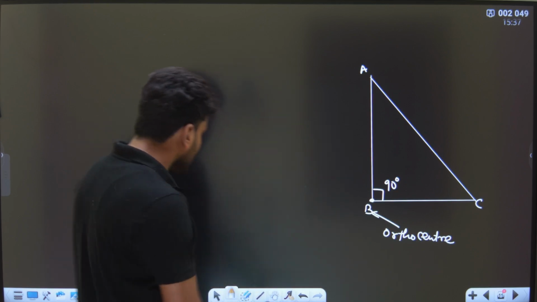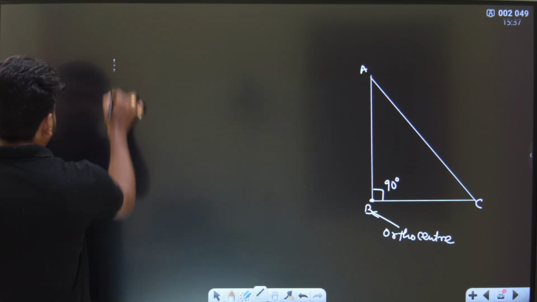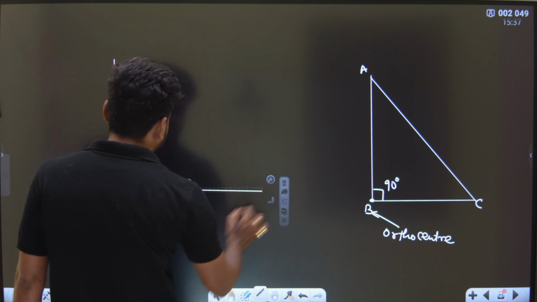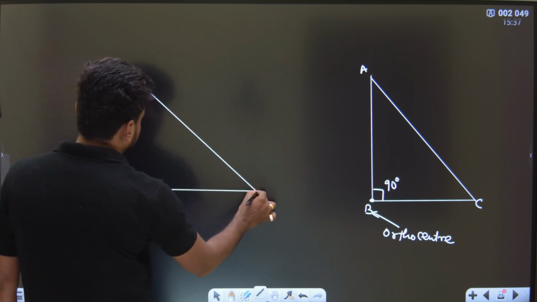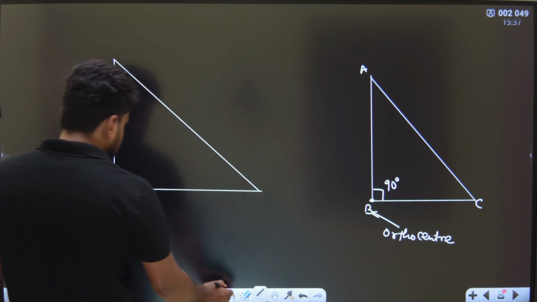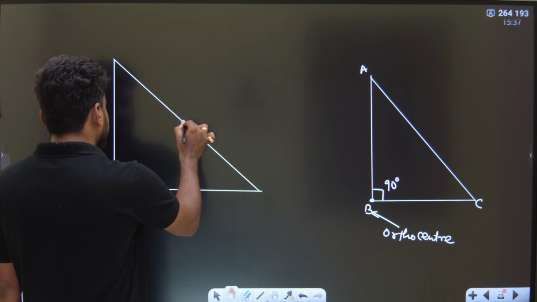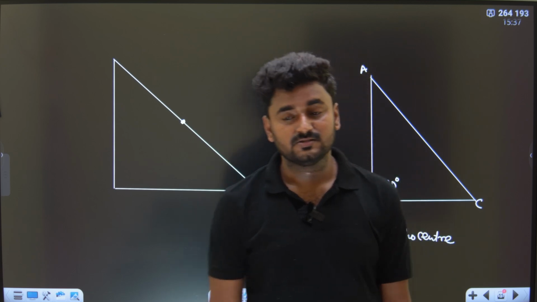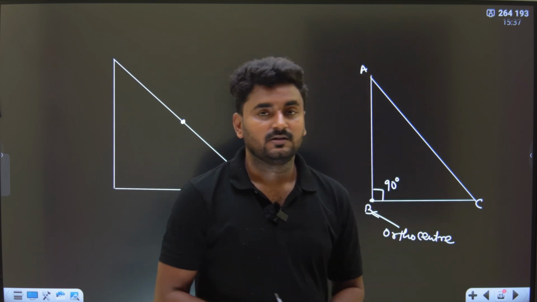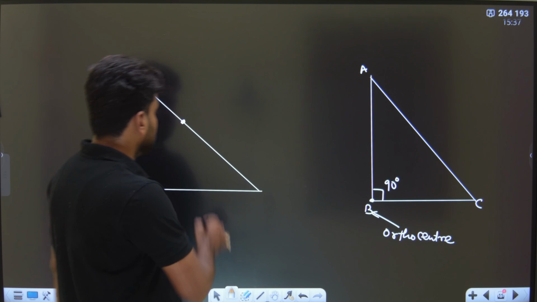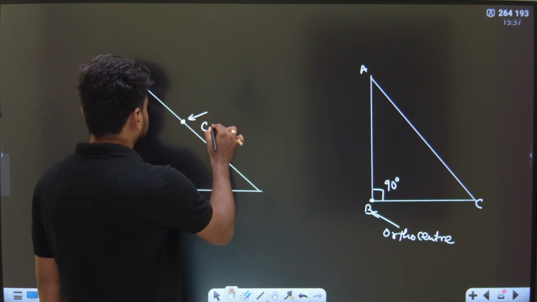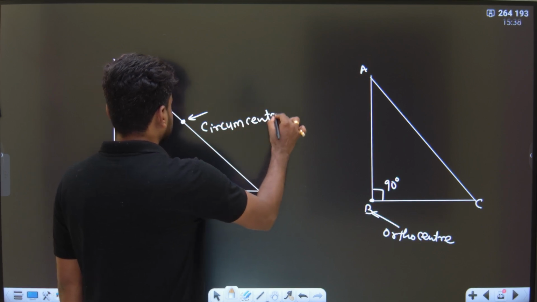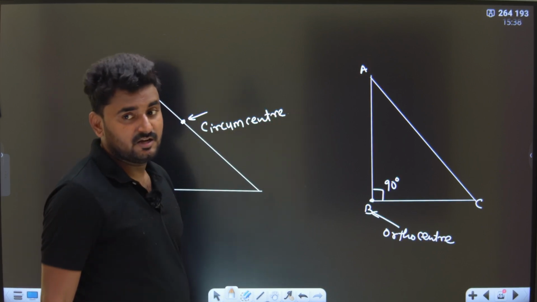Okay, now again in the same case, suppose there is a right angle triangle. They are saying the midpoint of the hypotenuse will be what? Circumcenter. This will be our circumcenter. Now you will say, sir, how?